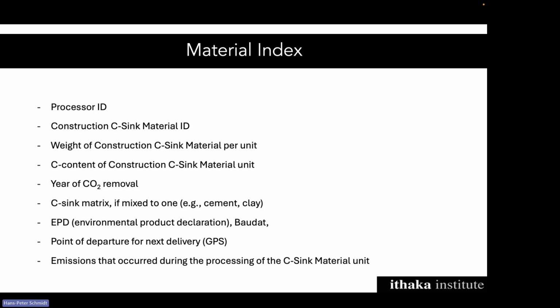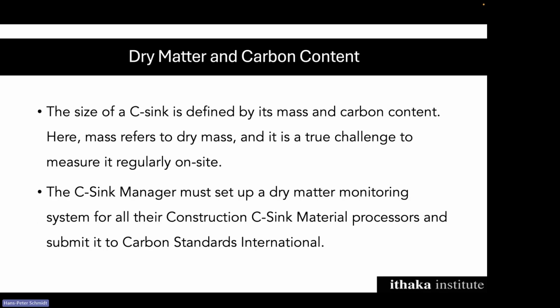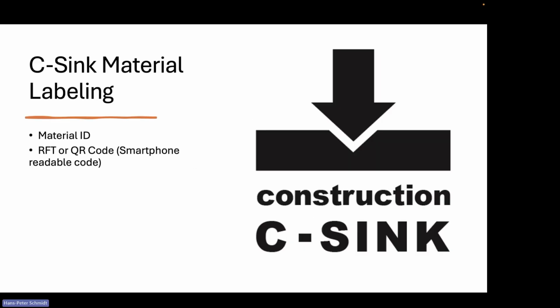So the unit would be brick, and that is what we find at the construction site. If we don't know how much carbon on a dry matter basis is in these bricks, everything will be wrong in the end. So these are really important points. That's what I try to explain with this slide again.